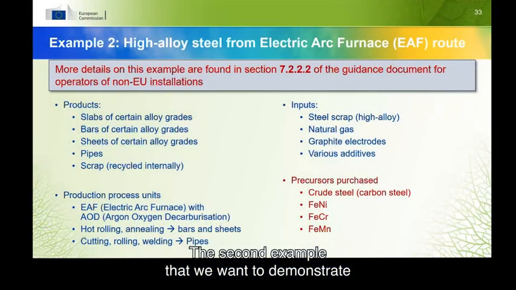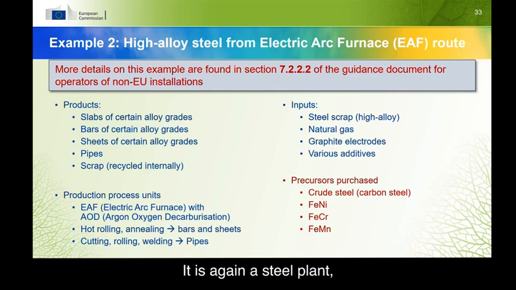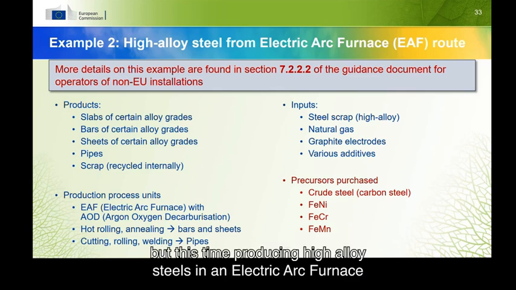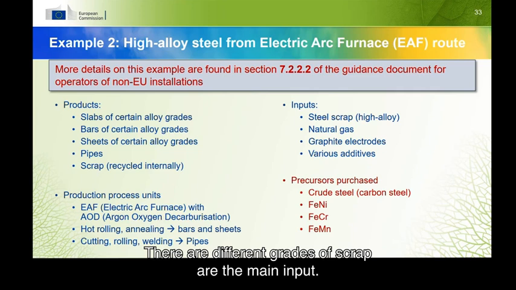The second example that we want to demonstrate is described in section 7.2.2.2 of the guidance for operators. It is again a steel plant, but this time producing high alloy steels in an electric arc furnace, or EAF, process, where different grades of scrap are the main input.